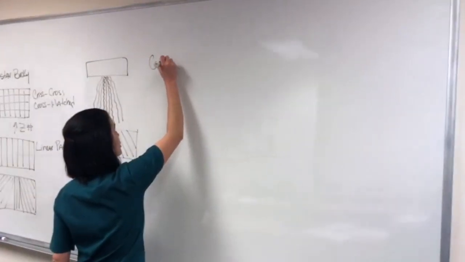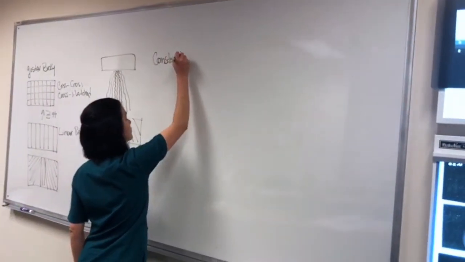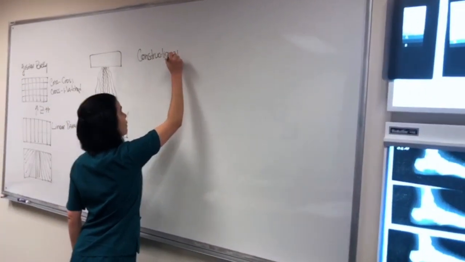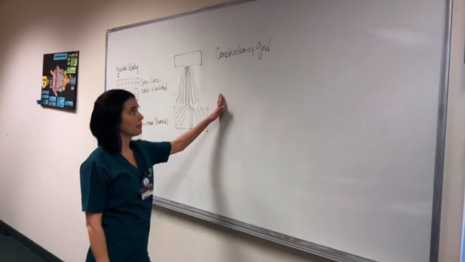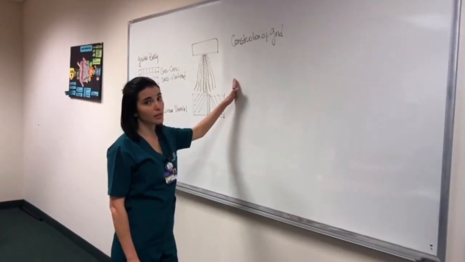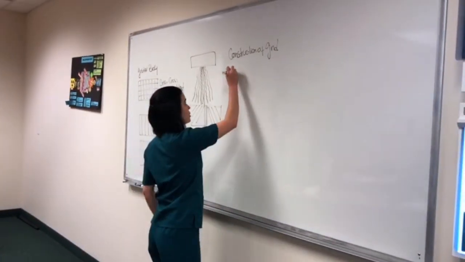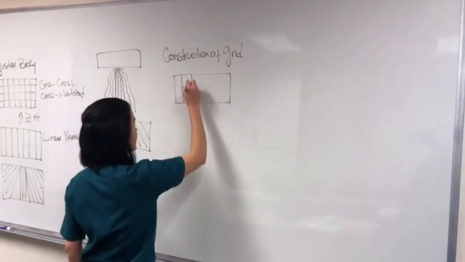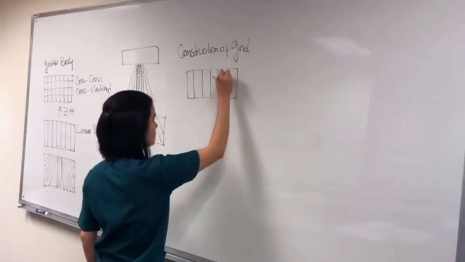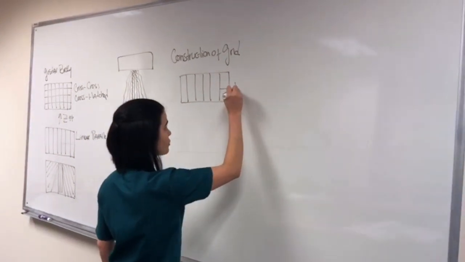So, construction of a grid. How is the grid constructed? I'm going to use the linear or parallel grid so you can understand better. You have parallel lines. These are the lead strips.